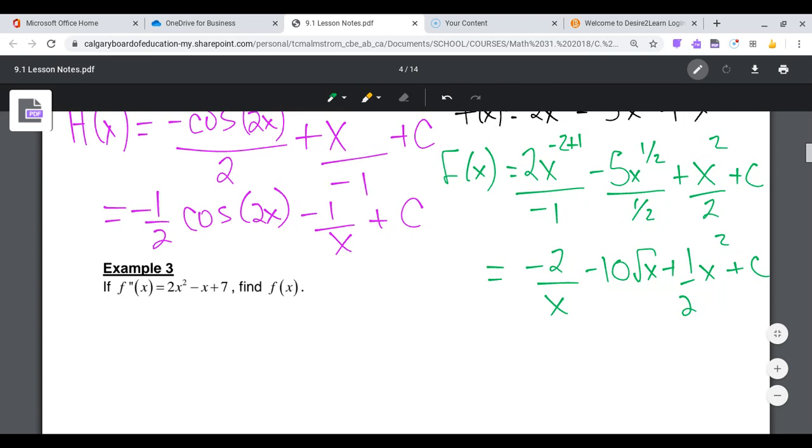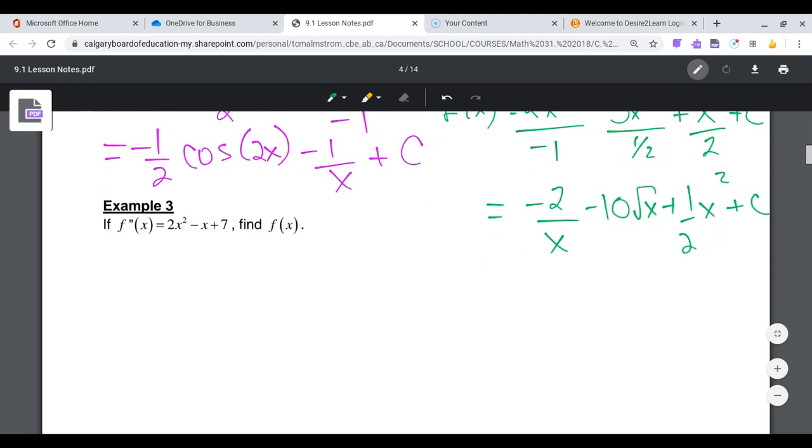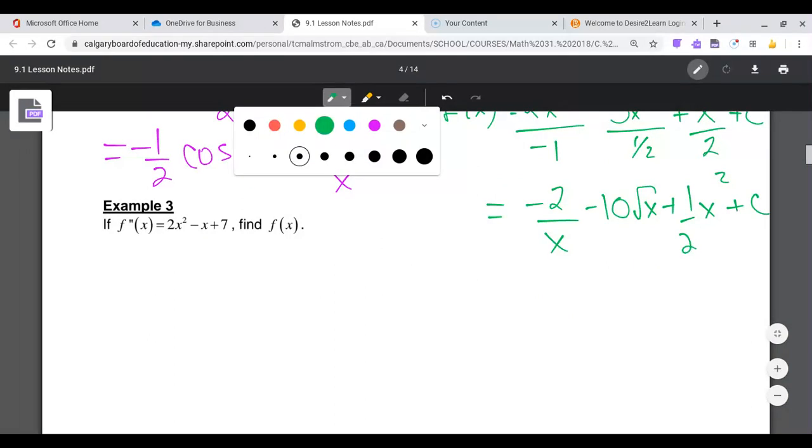This is telling me I know the second derivative and I need to find little f of x. So I'm going to have to find f prime of x and then go to f of x. So I just have to do the anti-differentiation process twice.